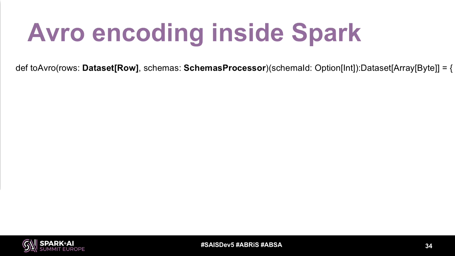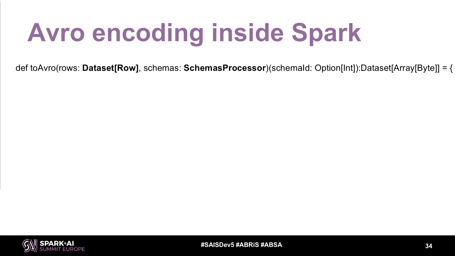So again, we are referring to the two methods, to Avro, from Avro. So to implement to Avro, this is the signature for the method. So we have the data frame, receiving the data frame. We are receiving this schemas processor and an optional schema ID. And then we are getting a data set of arrays of bytes containing Avro data.